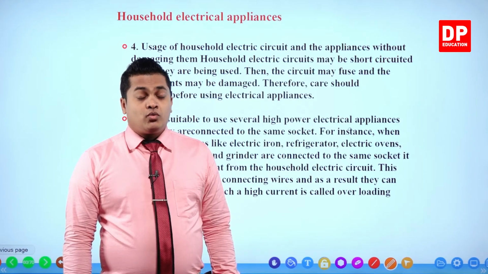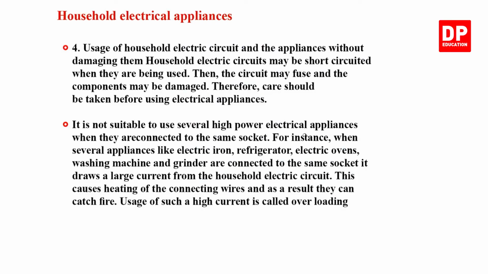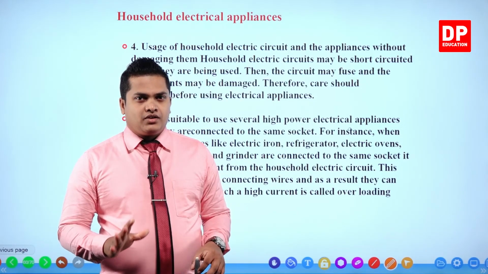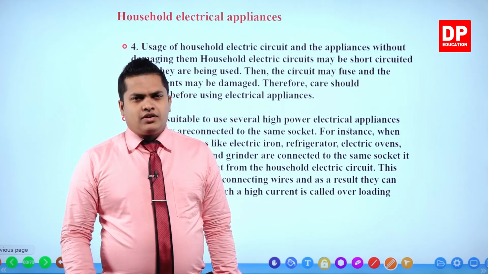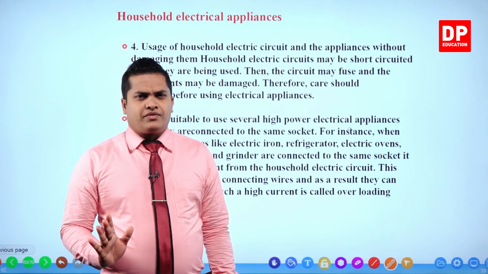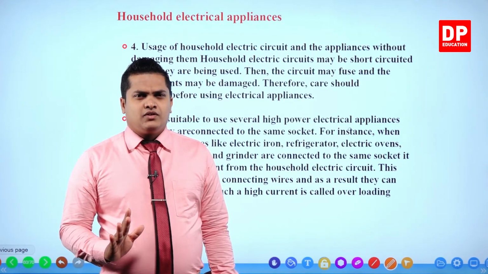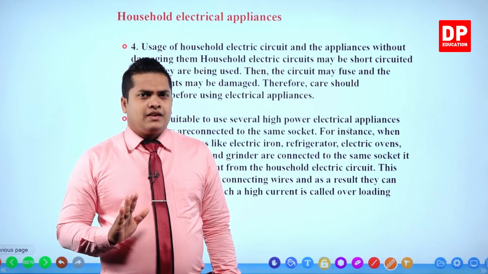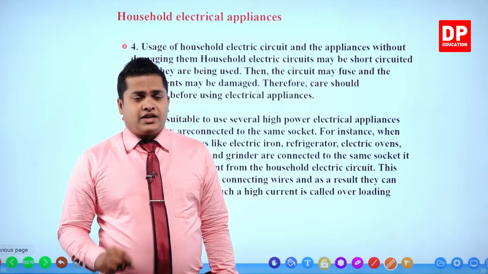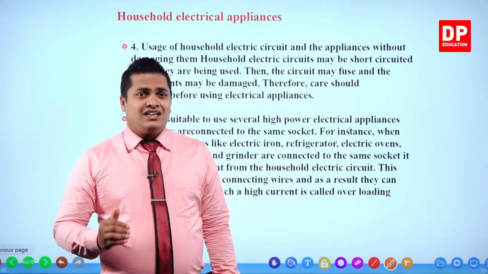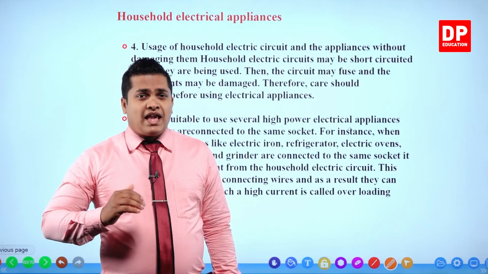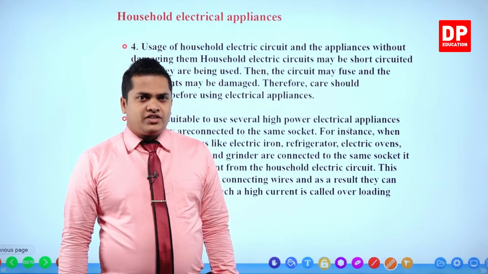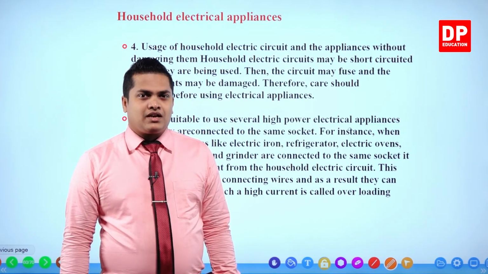So it's not wise to connect heavy current-drawing appliances together. It's okay to use televisions, normal radios, speakers, right? For those kinds of things, it's okay. But if you are using heavy instruments, meaning instruments that use a heavy amount of electrical current, in those cases it's wise to use them separately.